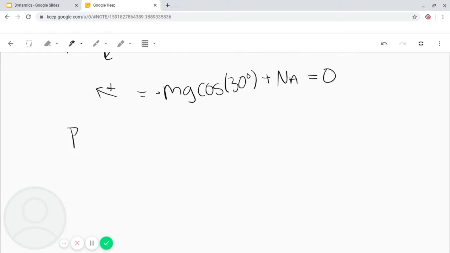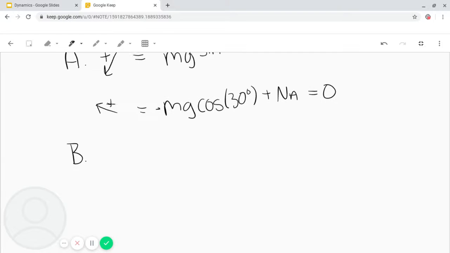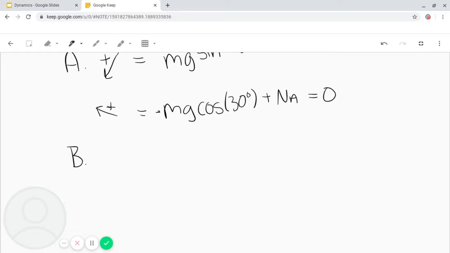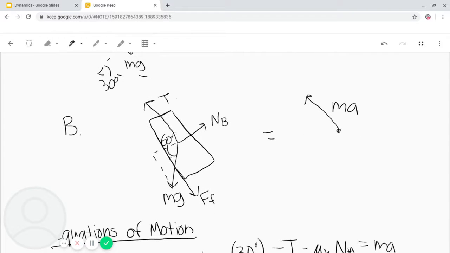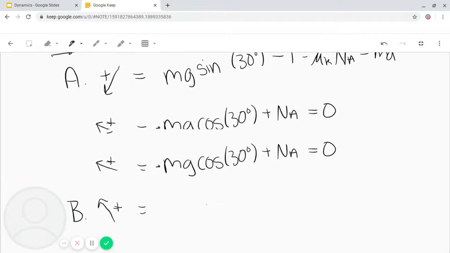So for B, we'll do the same thing. I'll go a little bit quicker. I'm going to choose my first axis along the surface, and we don't need to use the same coordinate system for both, but we can see that positive would be T, negative would be mg sine 60, and the force of friction would also be negative.